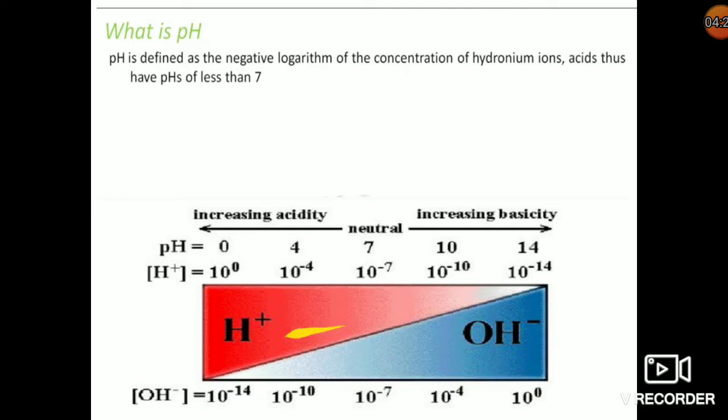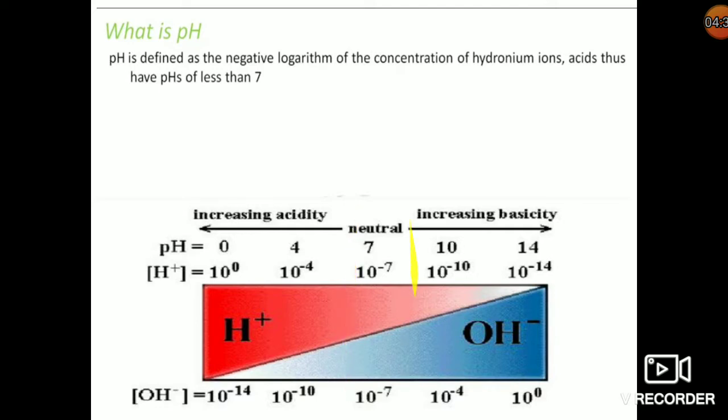Same way, an acidic solution can also produce some OH minus ions, but the number of H plus ions produced must be very much larger than the number of OH minus ions produced.